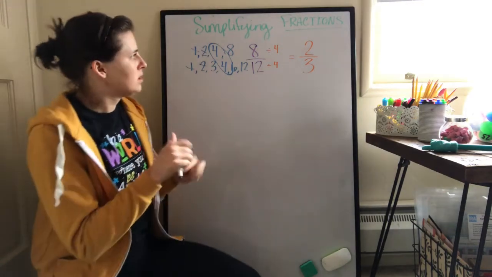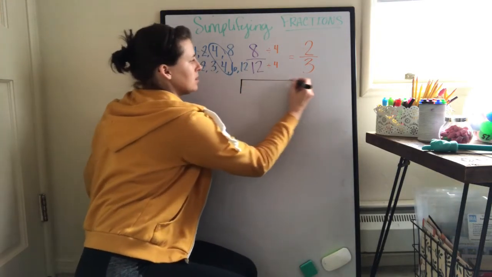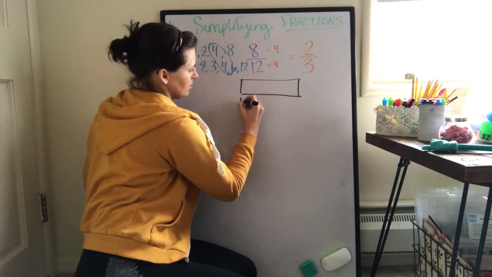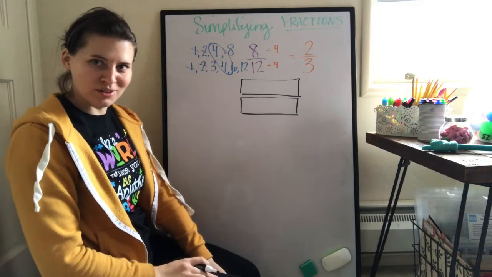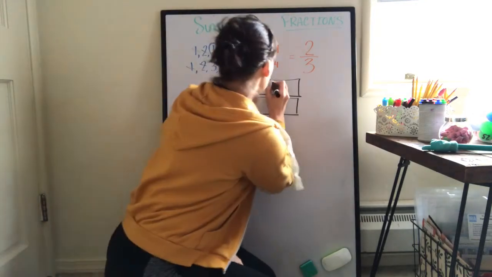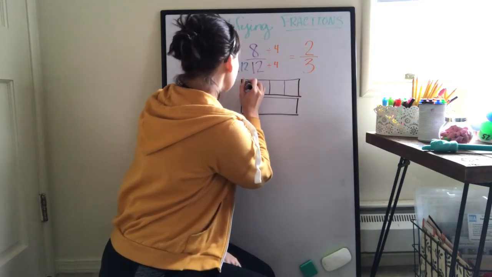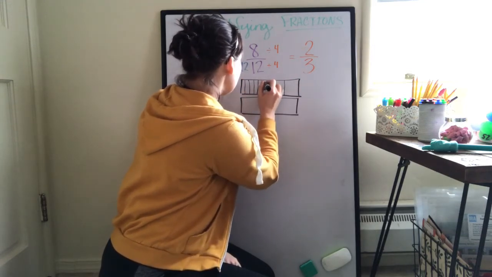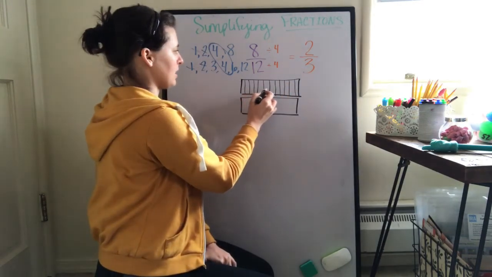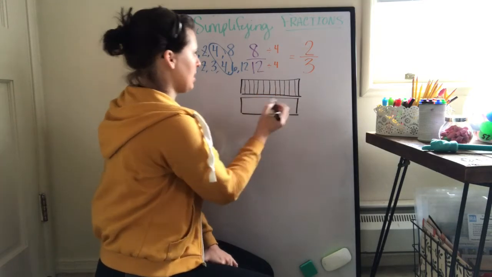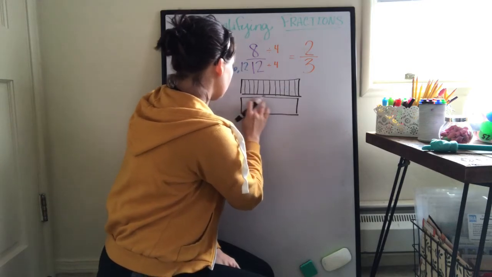For example, I'll draw this down here. Let's say I have 2 shapes. Pretend those 2 shapes are the same. Let's do 8/12. I have 1, 2, 3, 4, 5, 6, 7, 8, 9, 10, 11, 12. And let's do thirds.